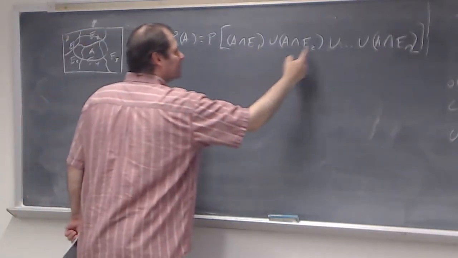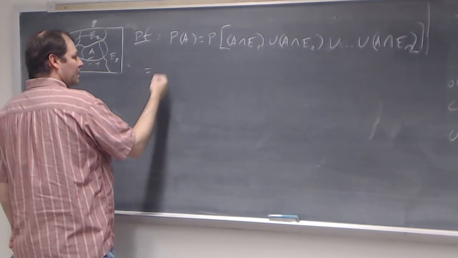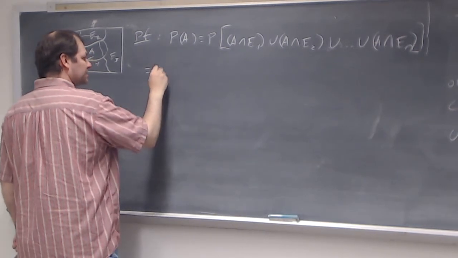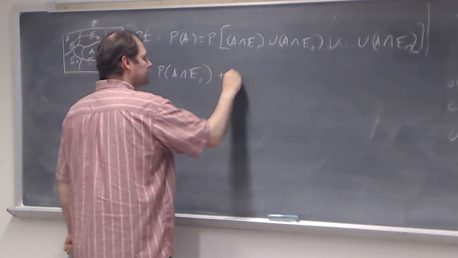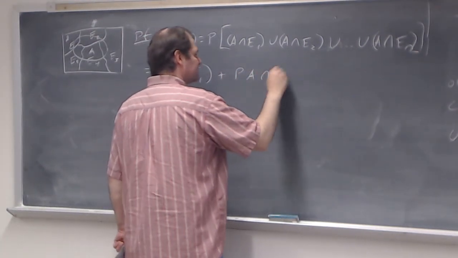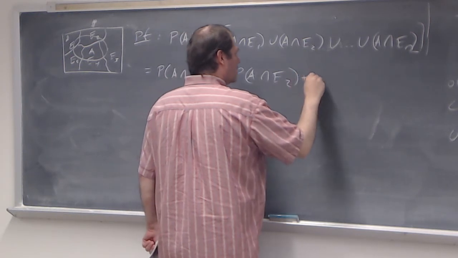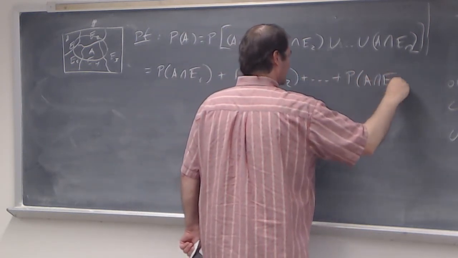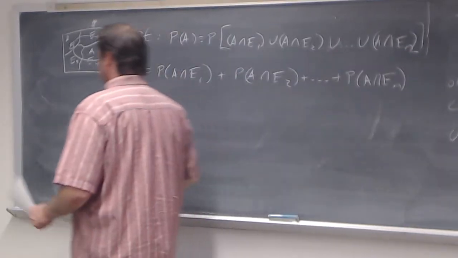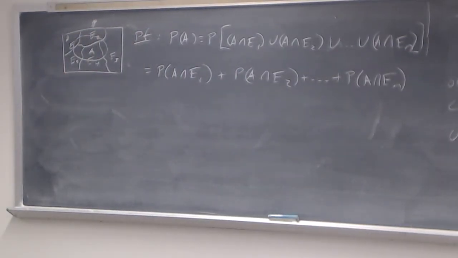And because these are mutually exclusive and we're unioning them up, by the definition of probability, this is the probability of A intersect E1 plus the probability of A intersect E2 plus all the way up to adding up the probability of A intersect En. Now, that total law of probability is what's being used in Bayes' theorem in terms of the bottom.